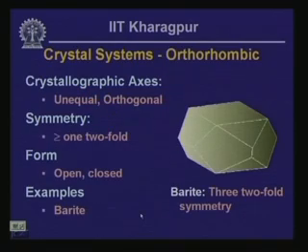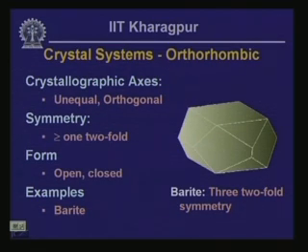Getting back to the crystal systems, the next one in the order of added complexity is orthorhombic. The first one that we discussed was isometric. We had three crystallographic axes, all of them at 90 degrees to each other, and all of them equal.